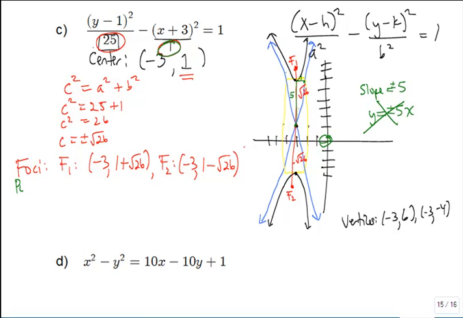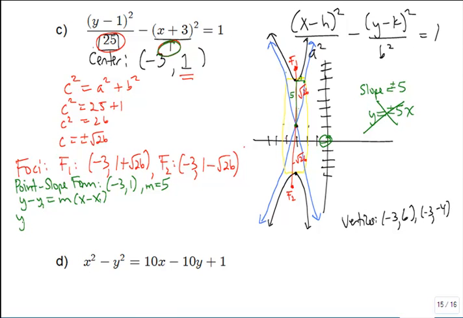So we're going to use point-slope form, using the center, which is at -3, 1, because we know that that is a point that lies on our asymptote because it went right through the center of my box. And then I'm going to use my slope, and for the asymptote that's pointing up and rising up, that was +5. So the way point-slope form works is y minus y1 equals the slope m times x minus x1.